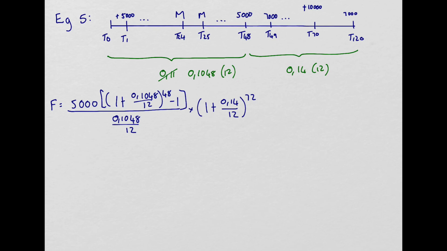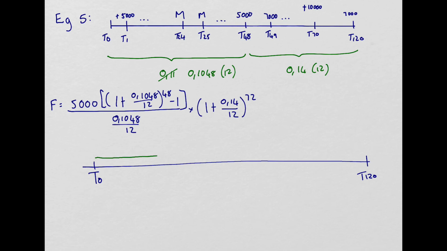Once I've finished, in fact, no, let me do it now. I'm going to give you an idea of exactly what we're doing, okay. So here's her account. I'm going to just do it like this, and it goes to T120. Okay, so in green, these are her 5,000s.